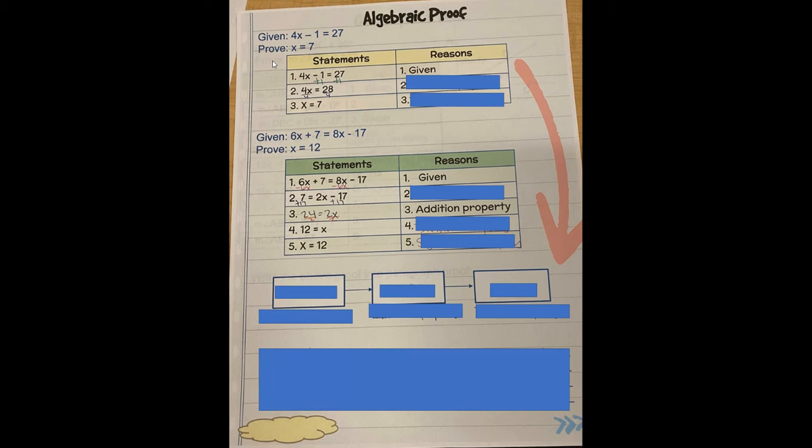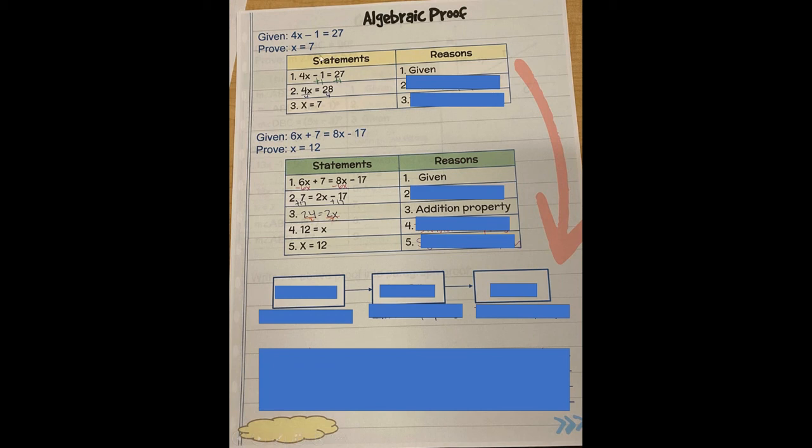We all know how to solve for x if we were just given 4x minus 1 equals 27. We would do the math and get x equals 7. But this is not only asking us to do the math and figure out what steps go in between, but also why we are able to do that.